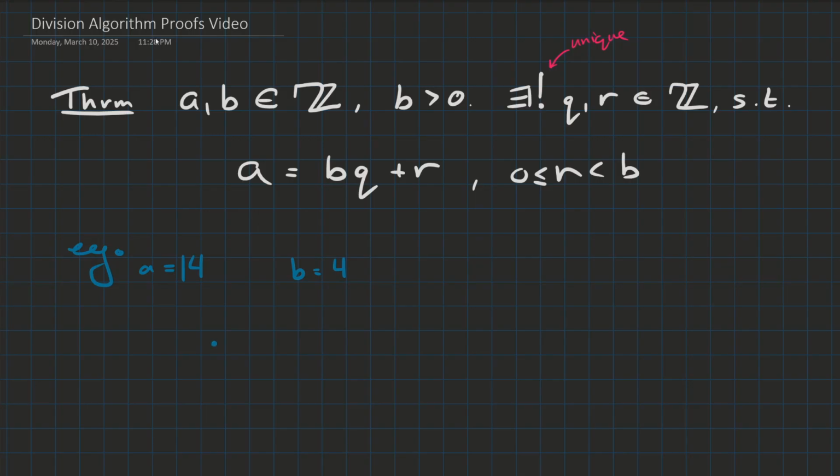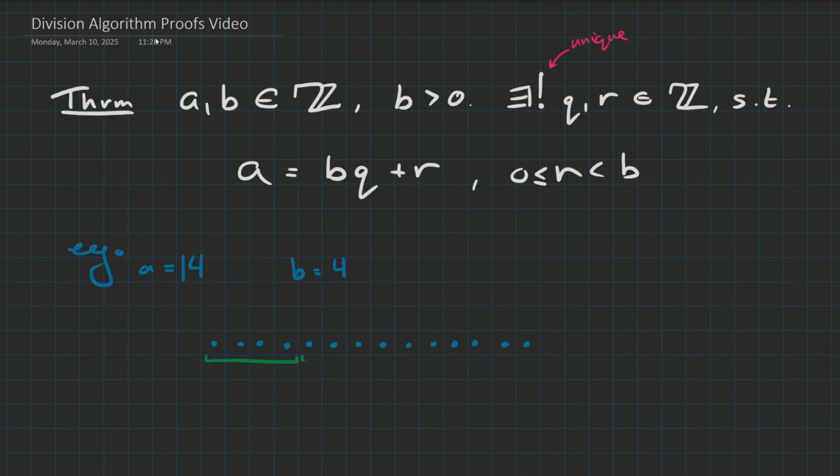That's definitely true, because let's think about it for a second. Let me draw 14 little dots here. So here's 12 and here's 14. 4 is 4 is 4, 2 more. My claim to you is that we can write this as some multiple of 4 plus something. Well, yeah, we can.